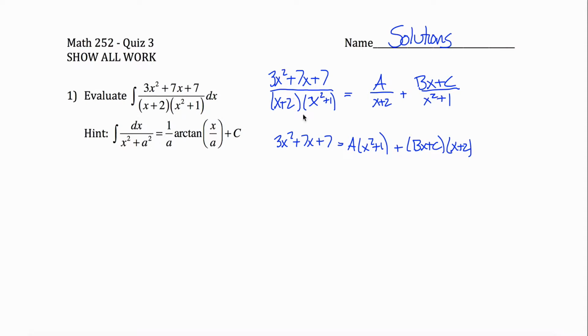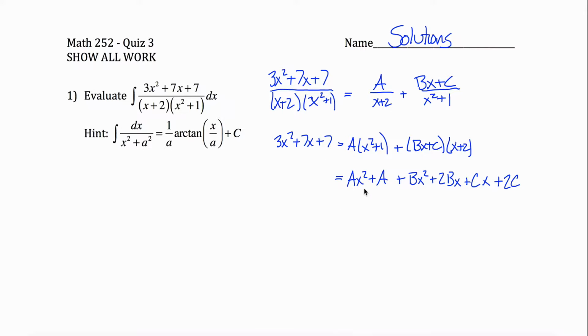Because if I multiply both sides by this thing, the x plus 2's cancel, so just the x squared plus 1 is left behind. If I distribute here, I get Ax squared plus A, and if I FOIL here, I get Bx squared plus 2Bx plus Cx plus 2C, equal to this thing.